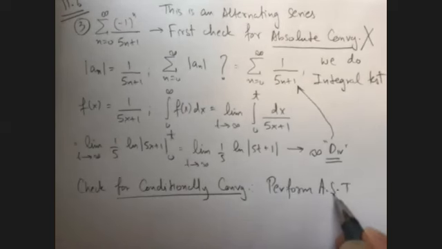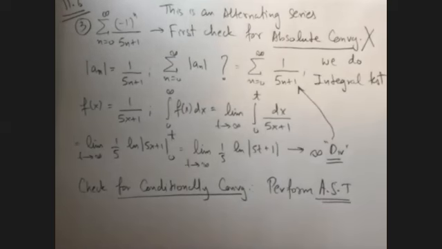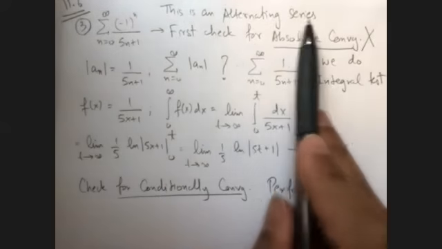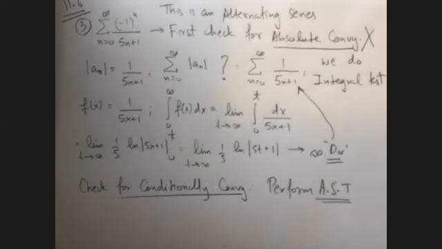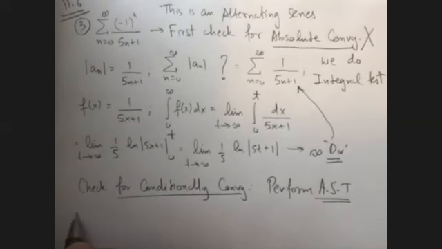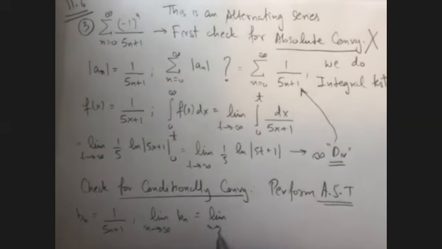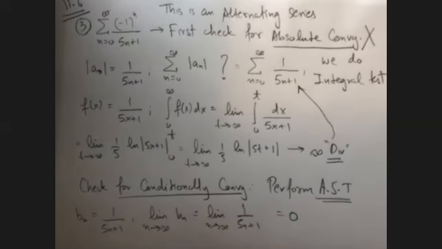Alternating series test. AS is the alternating series test. So if you recall... which is 0. So this first condition is true.